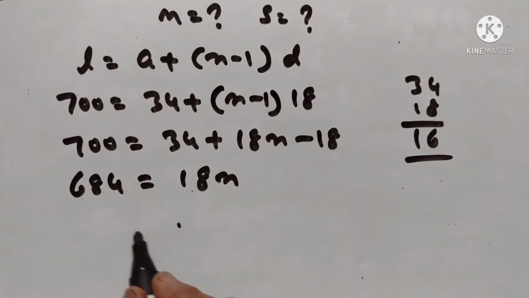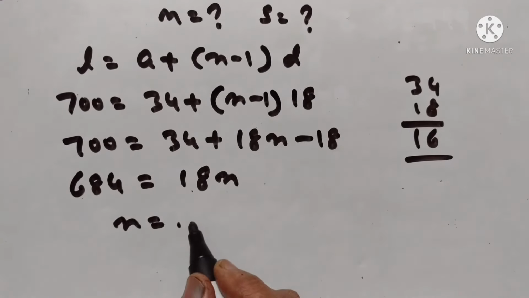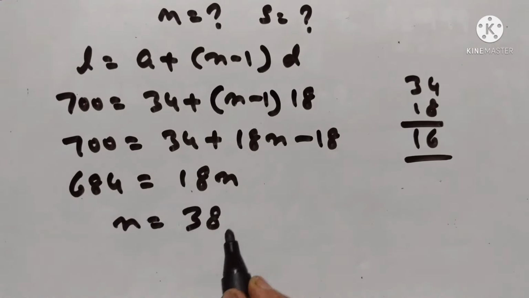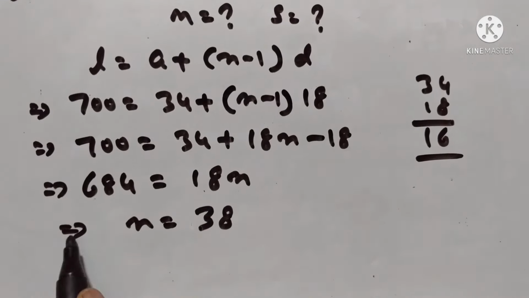So n is equal to 684 divided by 18, which is equal to 38. N is equal to 38.